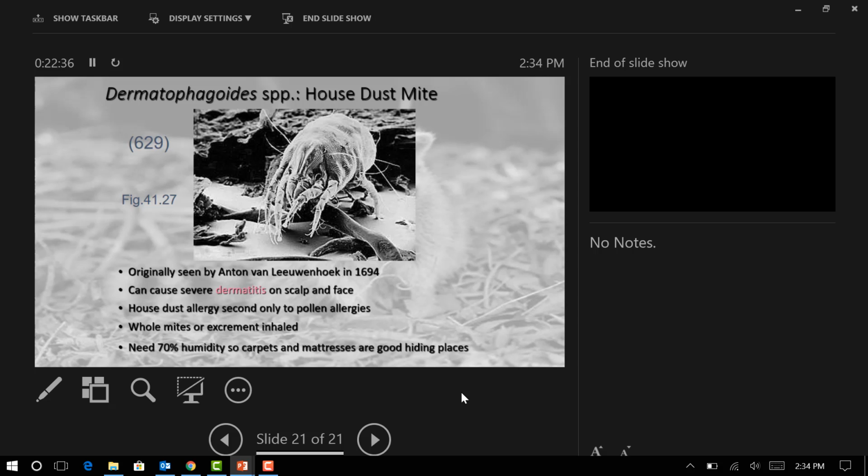And so most people that have a dust allergy, what you're actually allergic to are these mites in the dust, and usually not the dust itself. Because a good percentage of dust is dead skin cells. And if you live in the house, a good percentage of the dust are your dead skin cells. And so usually what you're allergic to is the presence of those mites and not necessarily anything else that's in the dust.